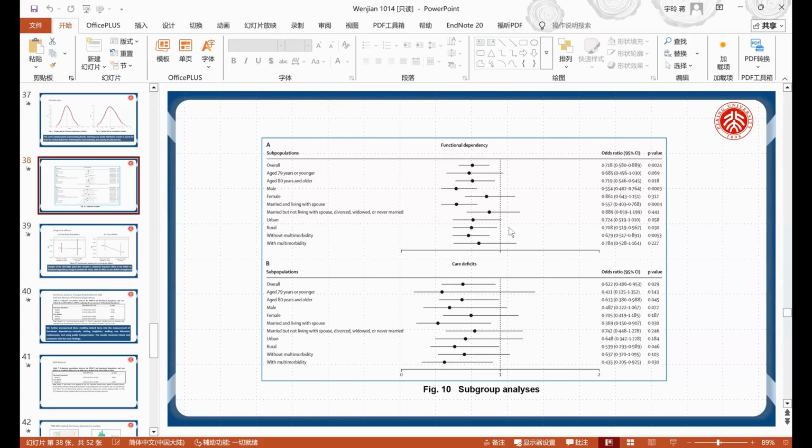But according to the principle of declining marginal effect, the effect in rural areas is higher than in urban areas. That's my explanation.